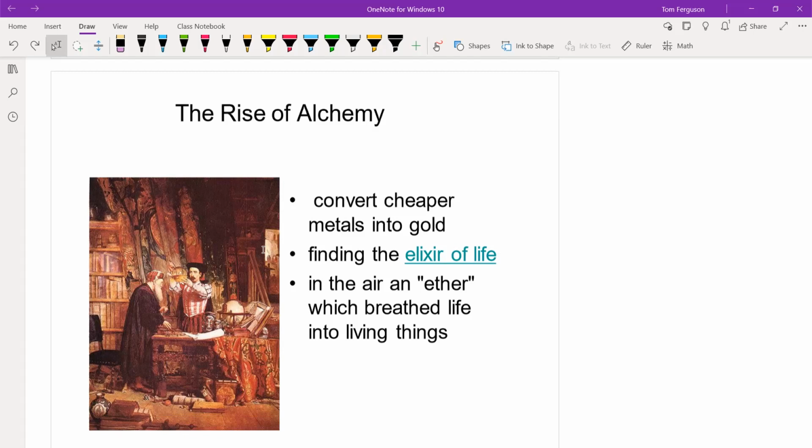Their main goal was this: they wanted to convert cheap metal into gold, lead into gold. That was their idea. That's how they earned their quote-unquote king's deal. There were things like the elixir of life they were looking for. What made something less alive? The concept of ether went along with that.